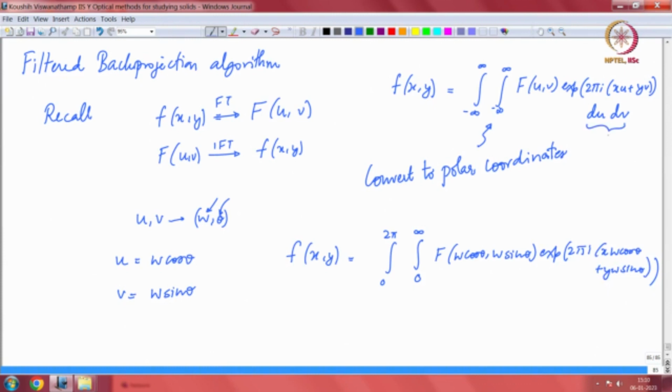And du dv, if you convert to polar coordinates, will give you w dw d theta, right, like r dr d theta, only now in the frequency domain. Okay, so, this is nothing fancy so far, we have only written down the inverse Fourier transform in polar coordinates.